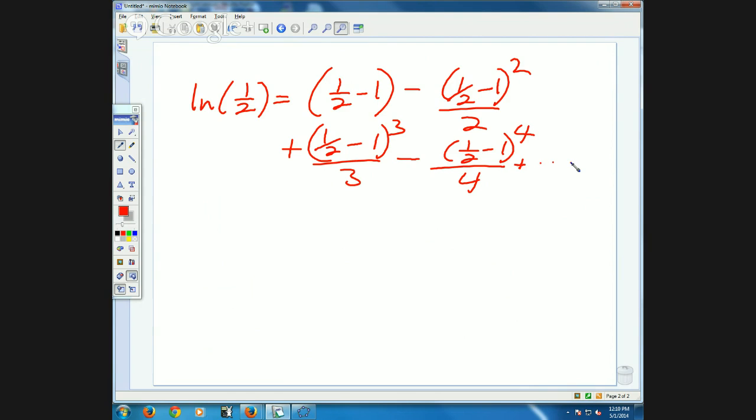Keep going. I can clean that up a little bit. 1/2 minus 1 is what? The first one, negative 1/2. So the first term is negative 1/2.